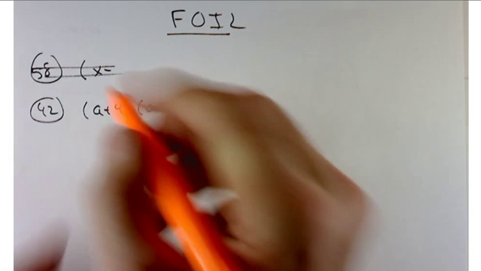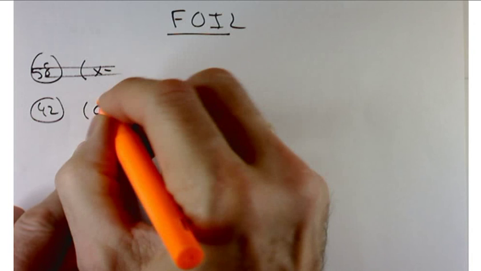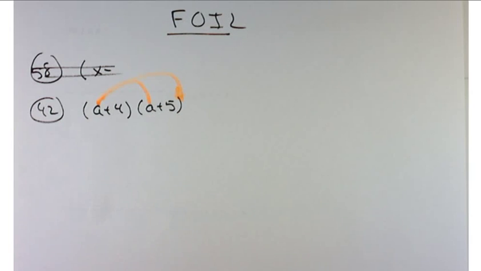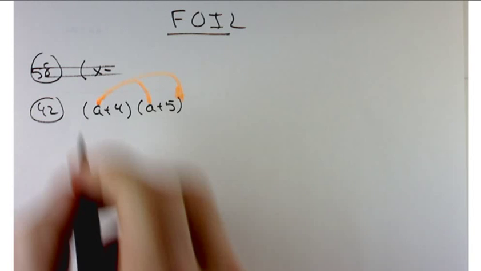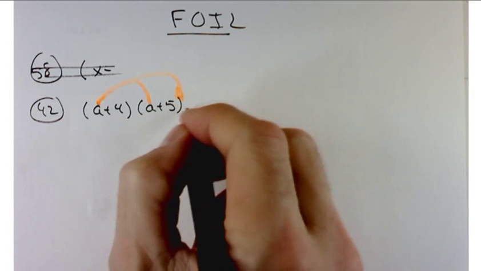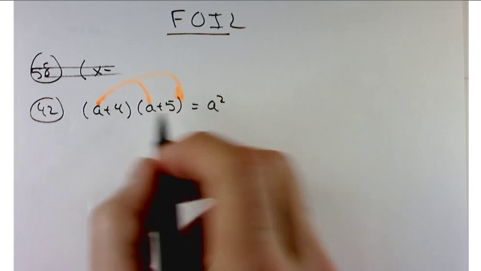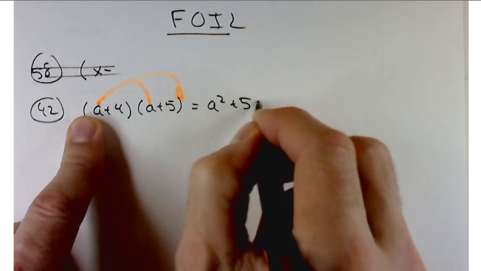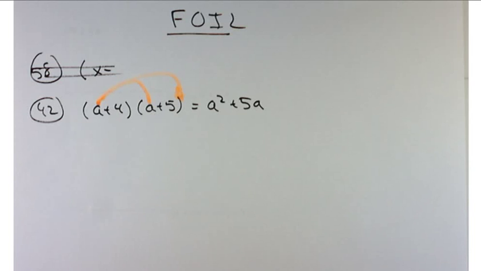So there's going to be a times a, and then a times 5. So what's a times a going to give me? A squared. And then a times 5. I like that you write it as 5a, not a times 5.